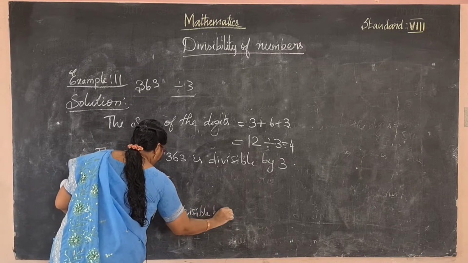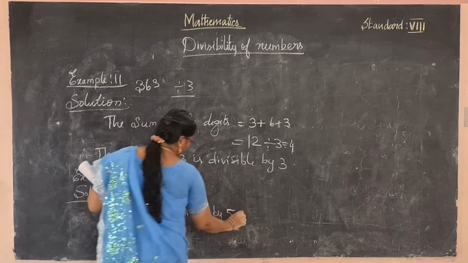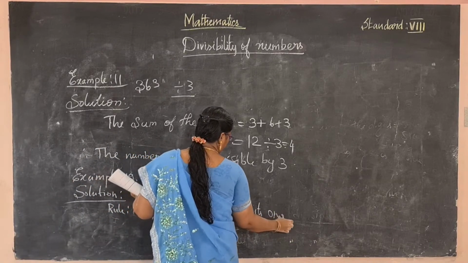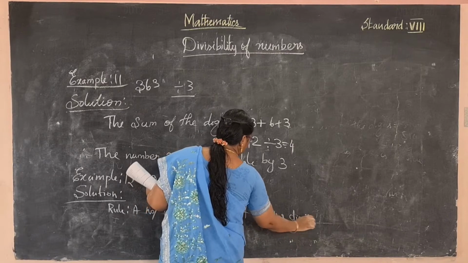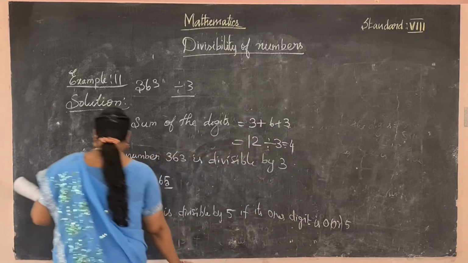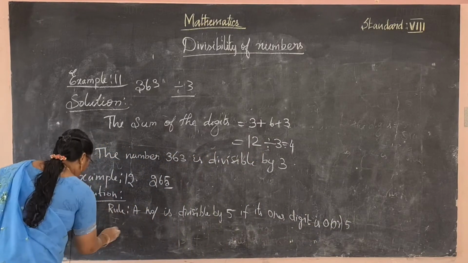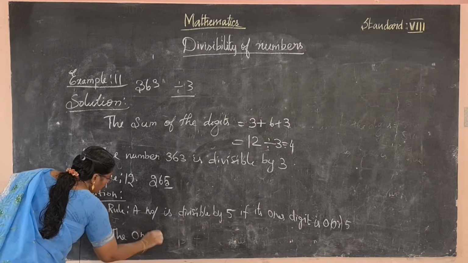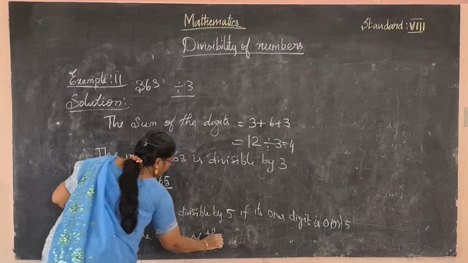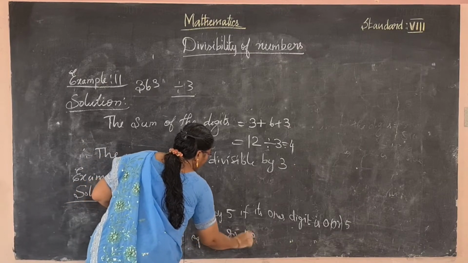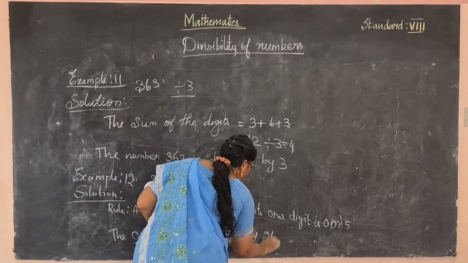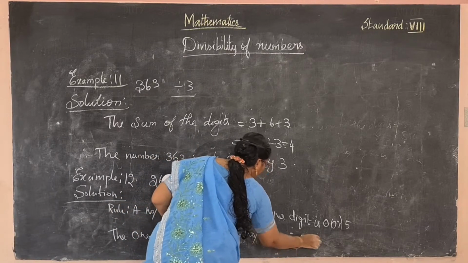Divisible by 5 if its ones digit is 0 or 5. The ones digit of the given number 265 is 5.